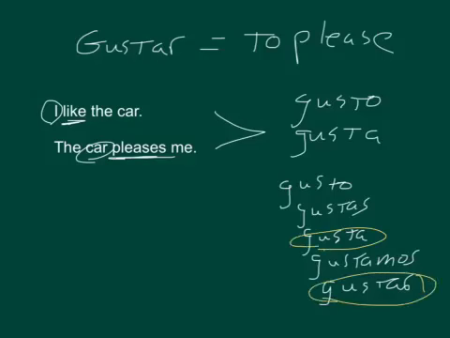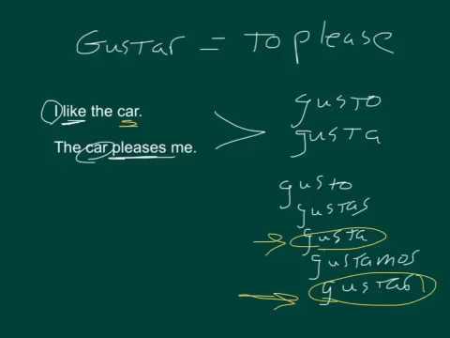So I like the car would be gusta. I like the books, there's more than one thing, and so it would be gustan. I like burritos, that would be gustan. I like her, that'd be gusta, although really you use a different verb to express that, but we'll just stick with gusta for now.